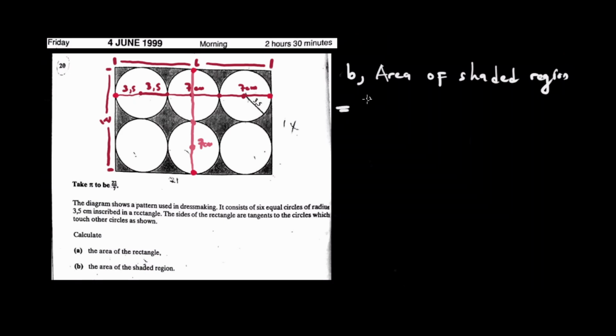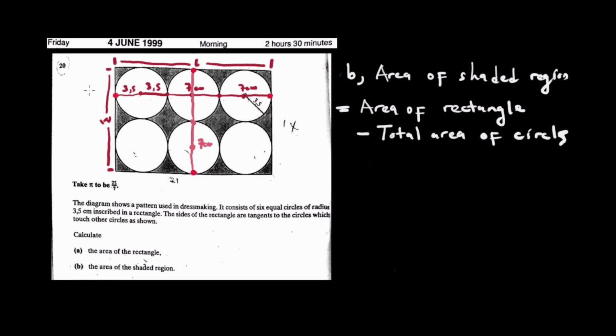So to calculate this area, tichati area of rectangle minus kana subtracting total area of circles, saka kana tikatora area yerectangle yese tosubtracta area each circle, total area yemacircles edu ese ari 6, obviously tichasara tine area of the shaded region.